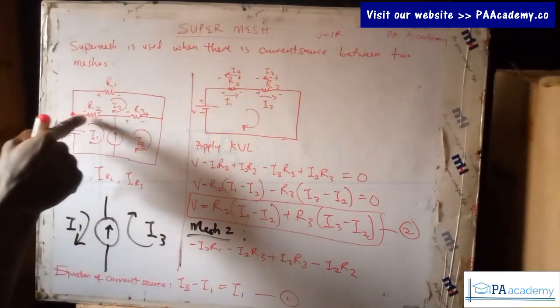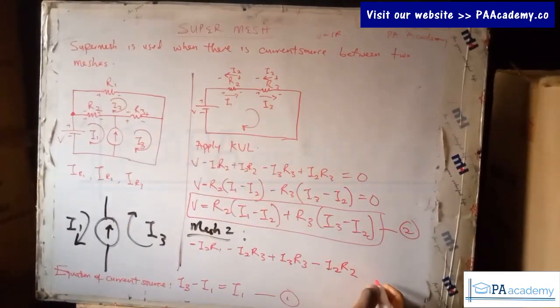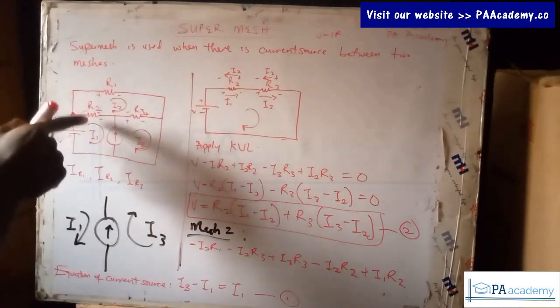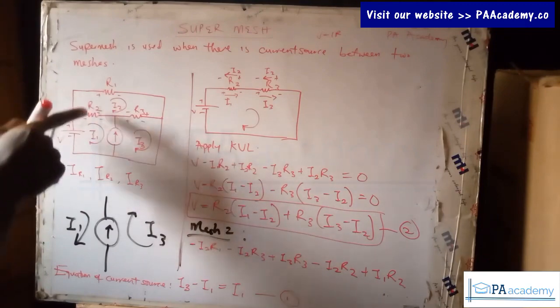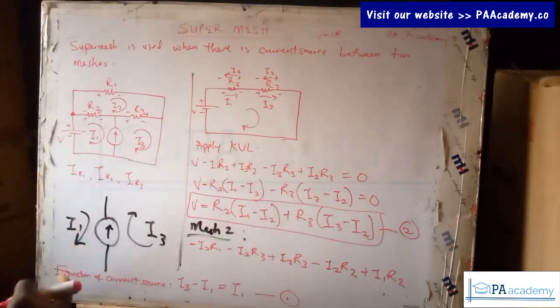From negative to positive due to the current I1, that's going to give us plus I1 R2, because in this resistor we have two currents flowing through it. We have current I1 and current I2 flowing through. So all these things we put into consideration when we are simplifying it.